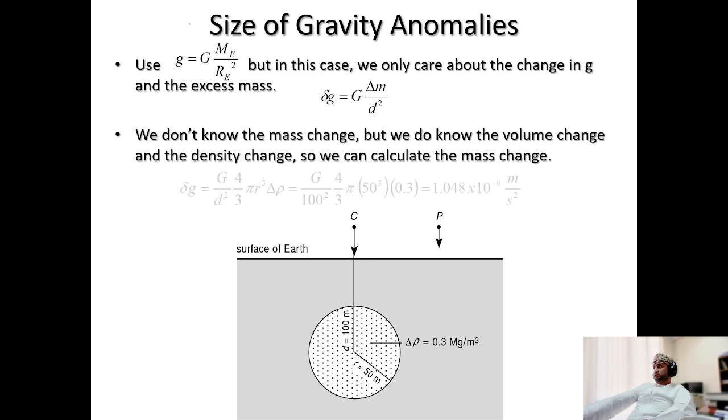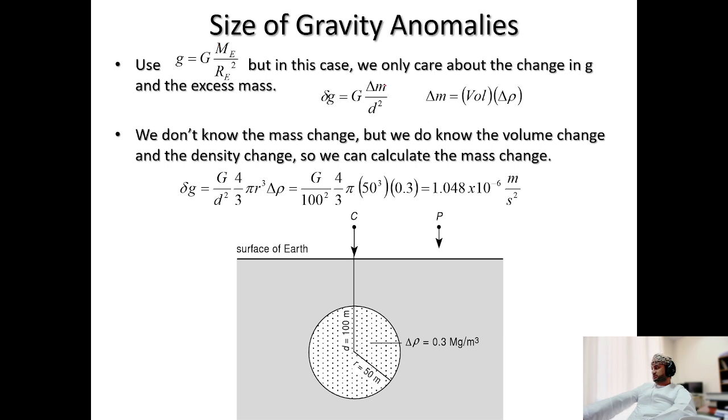We can use the same gravity equation, since we are measuring change in density, not the absolute masses. We say delta M instead of the absolute mass.